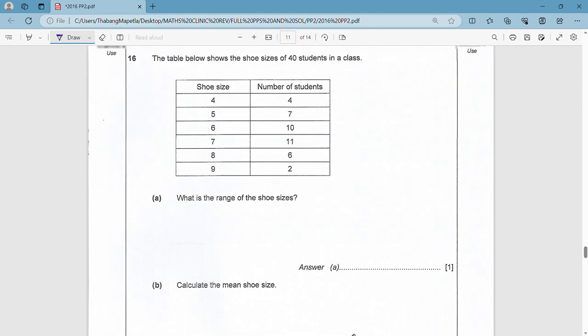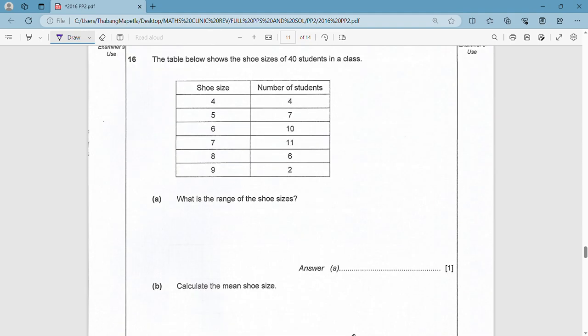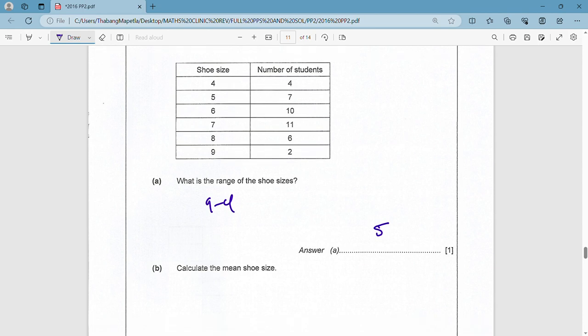It says the table below shows, this is statistics, the range of the shoe size. Range is big to small. Shoe size is on the left, so it's 9 minus 4, which is 5. And calculate the mean. You're going to multiply just straight like that.